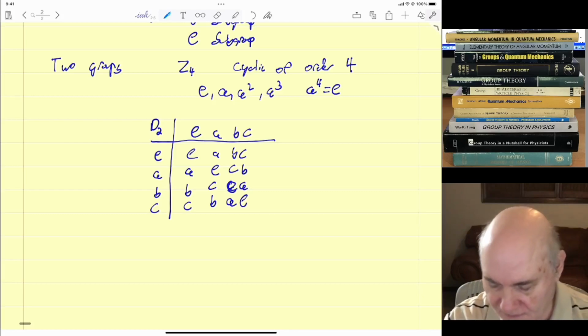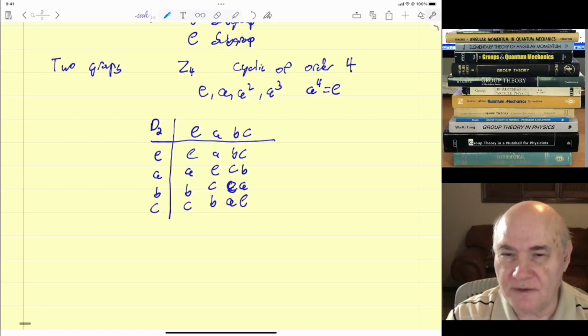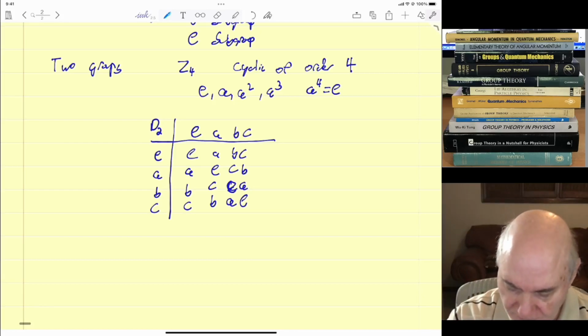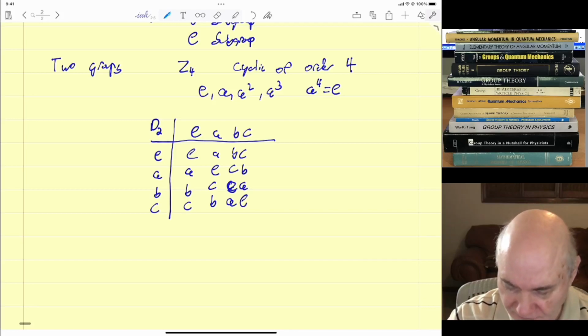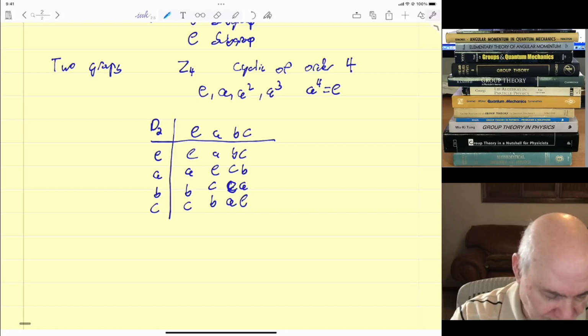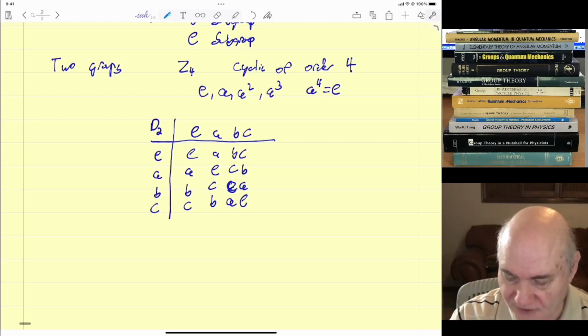Now, to arrive at these results, what you can do is first of all, make sure the rearrangement rule is satisfied. And then you can just use trial and error. And if you put in the wrong thing, you'll either get the other group, the cyclic group of order 4, or you'll get a contradiction. I don't want to go through all the contradictions. But the first thing you ask with this group is, how do you know it's different than the cyclic group?